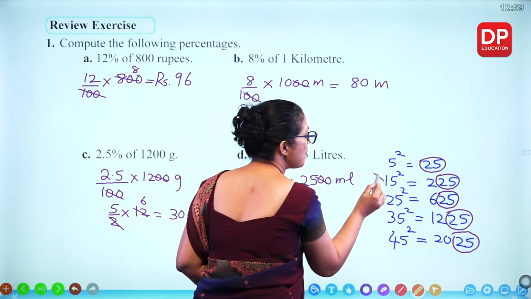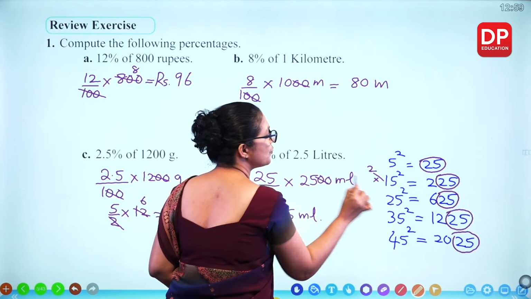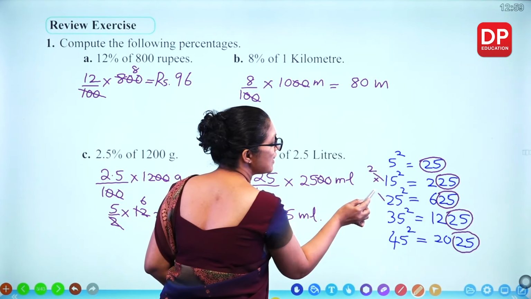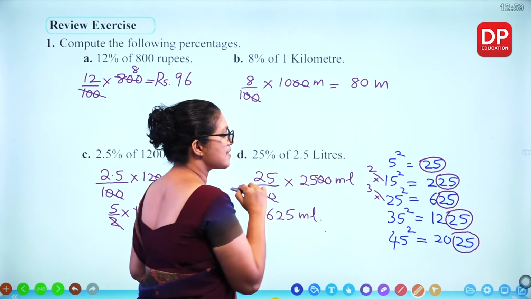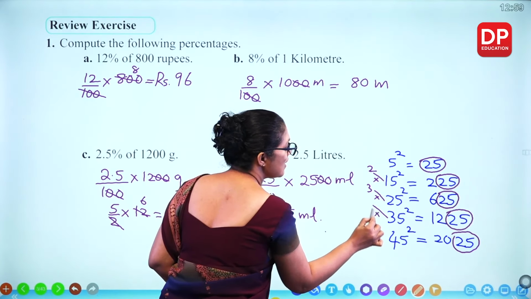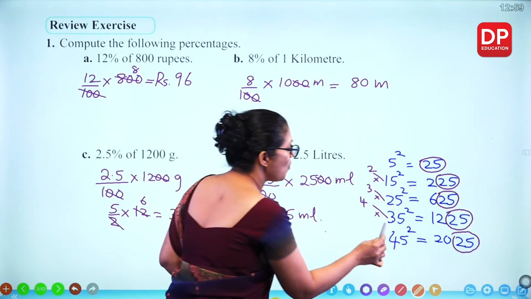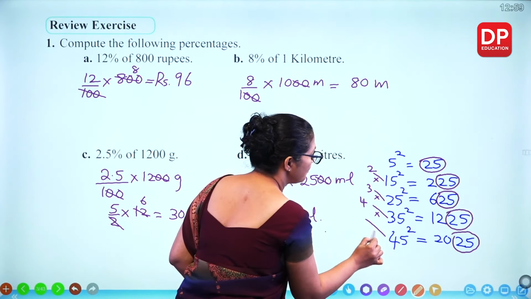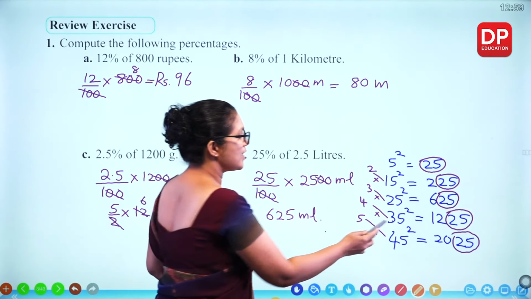So you multiply this by the next digit. 1 times 2, you get 2. 2, what's the next digit? 3. 3 times 2, you get 6. What's the next digit for 3? That's 4. 4 times 3, you get 12. And 4, the next digit is 5. 4 times 5, you get 20.